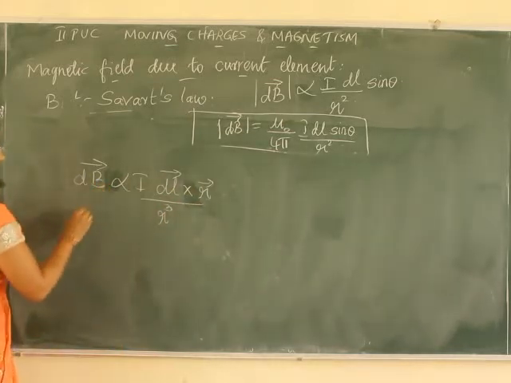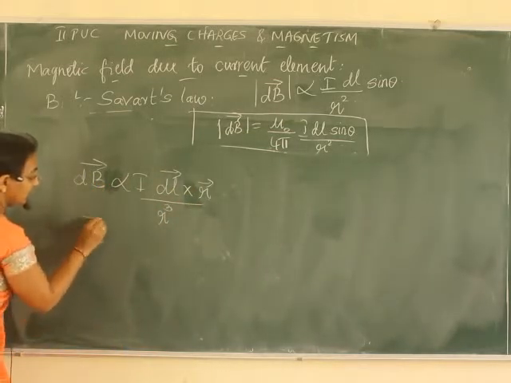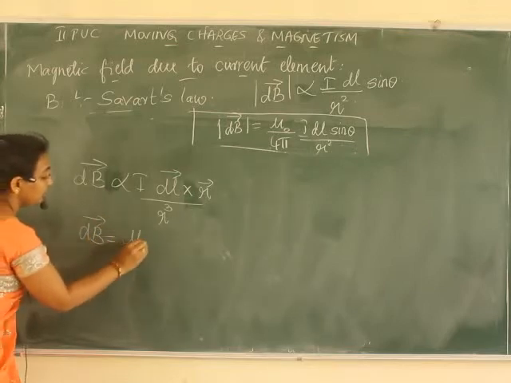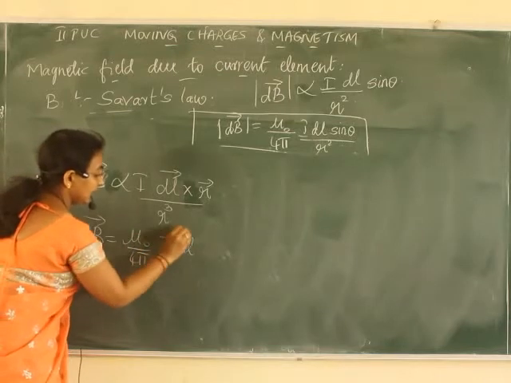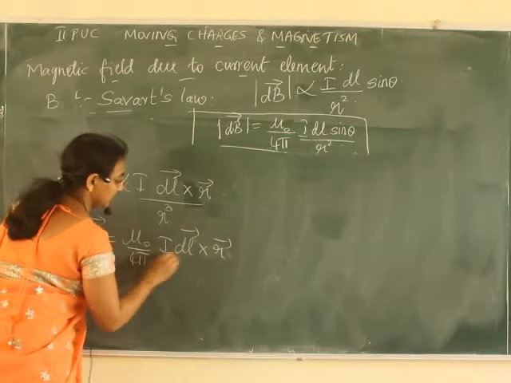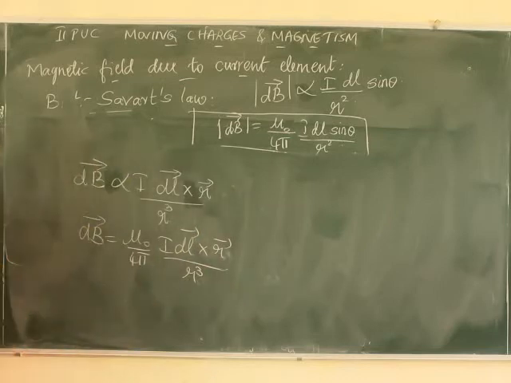So when we write in the vector form, dB vector is equal to mu naught by 4 pi I dl vector cross r vector by r cube.